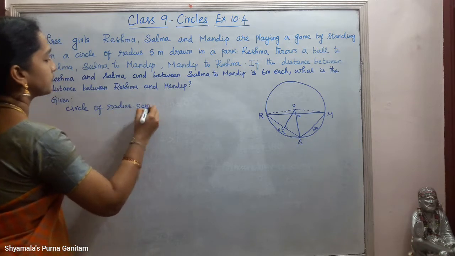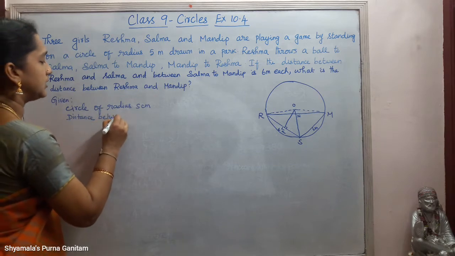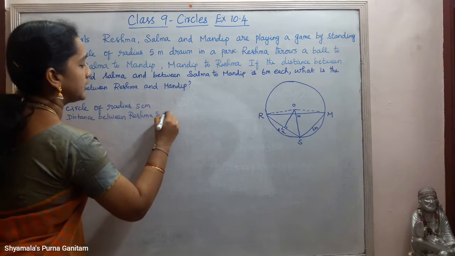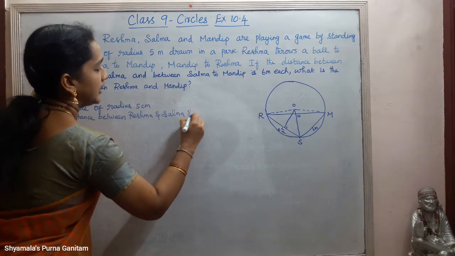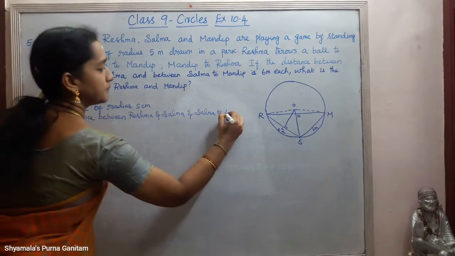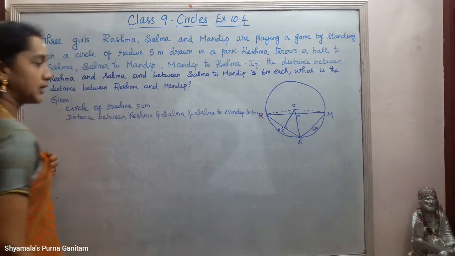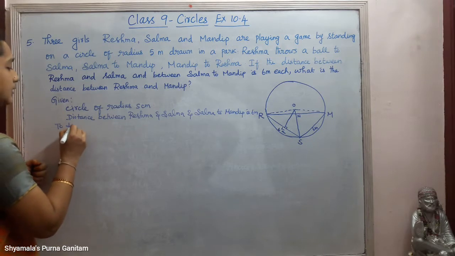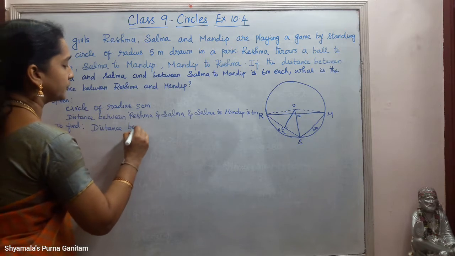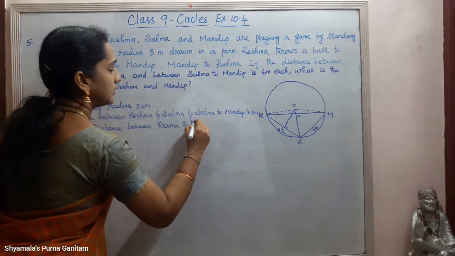The distance between Reshma and Salma and Salma to Mandeep is 6 meter. This is given. To find: the distance between Reshma and Mandeep.